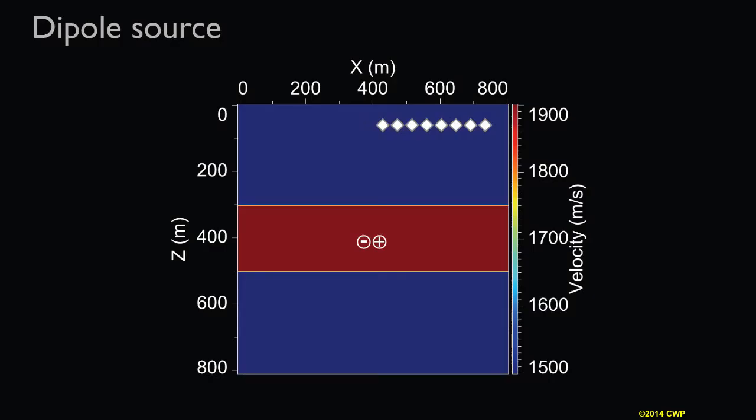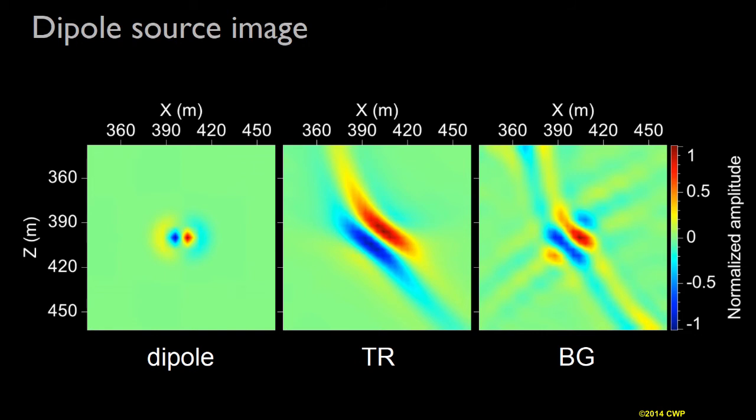And to illustrate this, I'm going to go back to the example again, but this time I'm going to repeat the process for a source which is now comprised of two point sources with opposite polarity. This is kind of a dipole source with the radiation pattern. So if I try to image this source once with time reversal and once with Backus and Gilbert method, this is what I get.